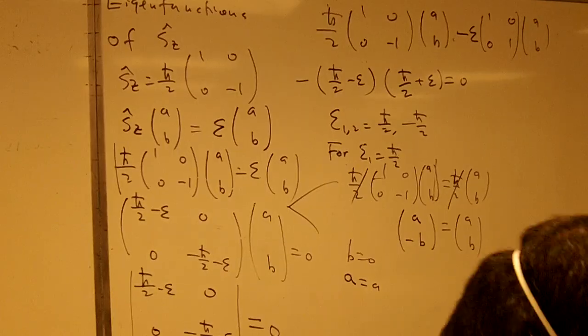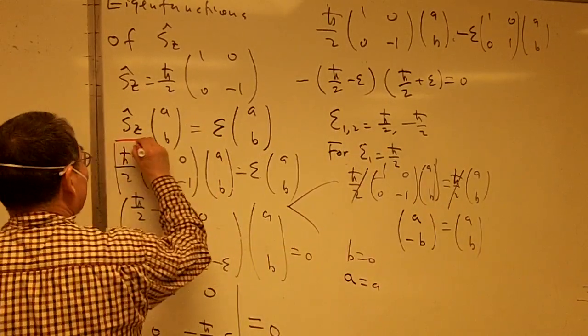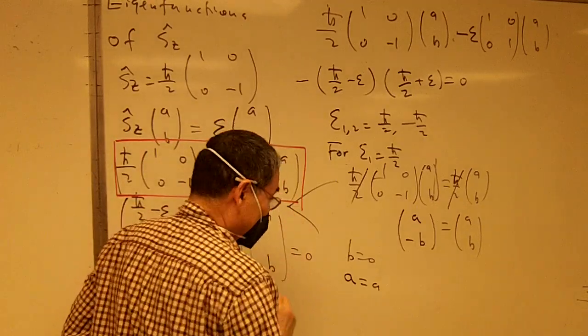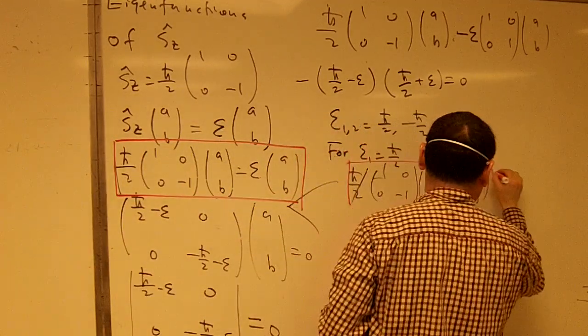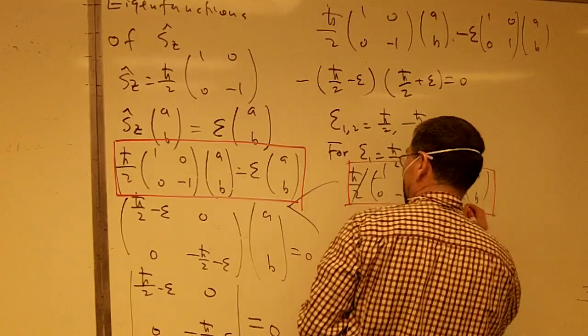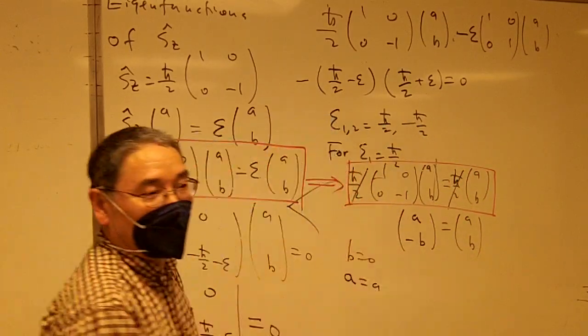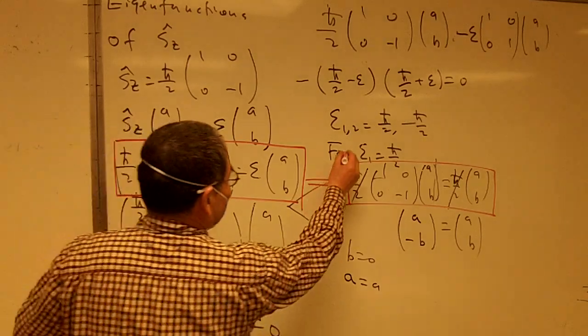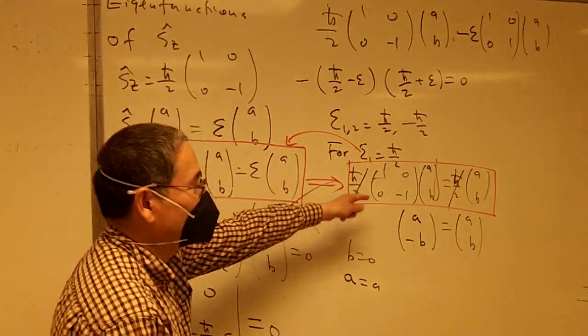Okay. I'm going to use the red line here. This is the red ones here. And that makes it crystal clear, so that's what I did. Yeah, I plug this into this equation and get that equation.